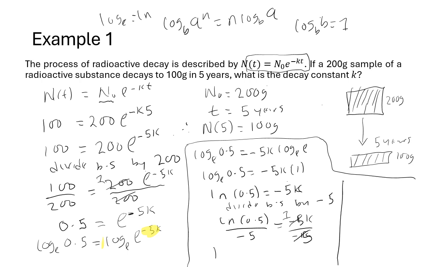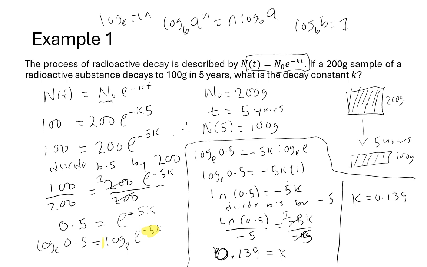If you put this in your calculator, ln 0.5 divided by minus 5, you will get approximately 0.139. This is equal to k. So this implies our k is equal to 0.139.